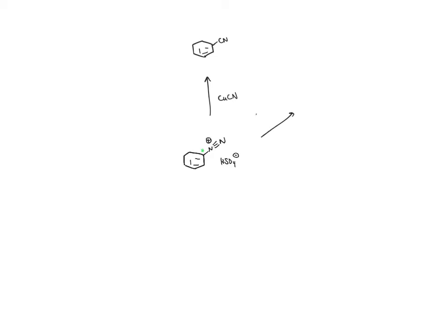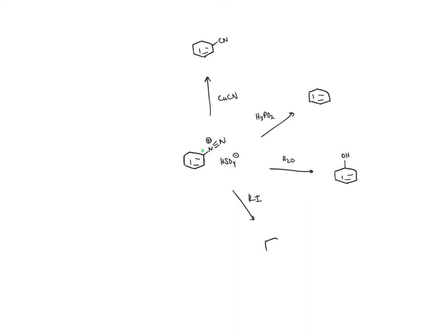If we react it with H3PO2, we will reduce that molecule to just benzene. So we're replacing the nitrogen-nitrogen triple bond with a hydrogen. If we react it with water, we can get phenol. And so all of these reactions involve some nucleophile doing a nucleophilic aromatic substitution reaction.